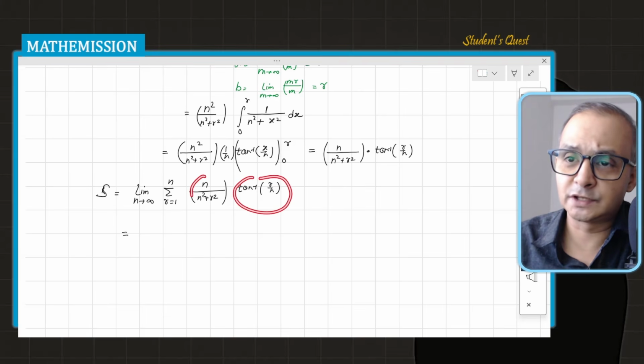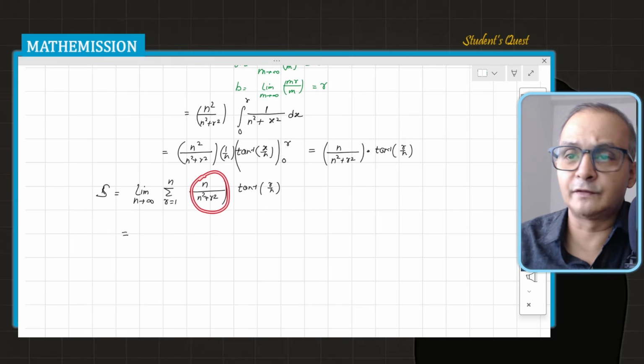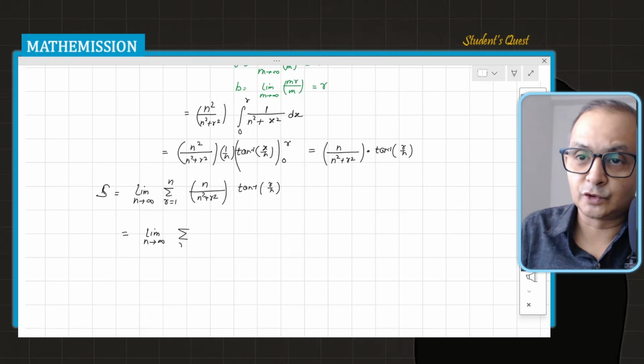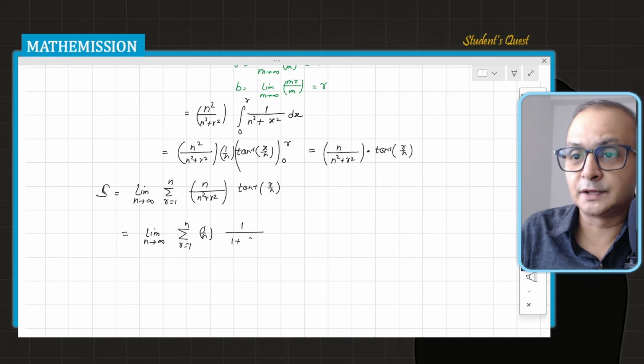Now I have to turn this into r by n, so of course I will divide by n squared, because I need 1 by n, one extra term, so that I can replace that with dx. So this is going to be the sum r goes from 1 to n, 1 by n, and that is 1 plus r by n squared and tan inverse r by n.